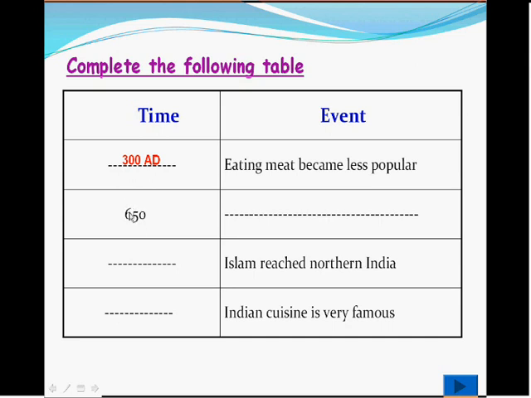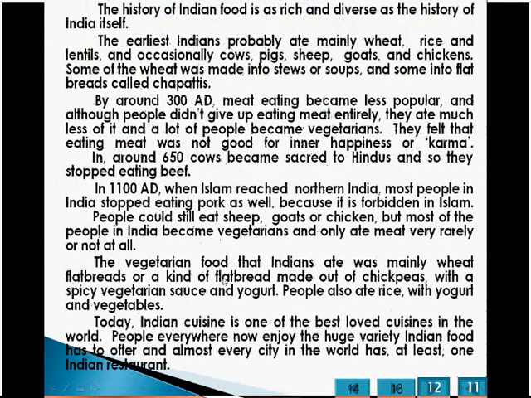Let's look at the second gap in the table. You have the time here, and they want you to put the event. So the time is 650. So what happened in year 650? Okay, let's go back to the text. So again, you are going to do scanning. You go for the year 650 and you find out what happened, what was the event.